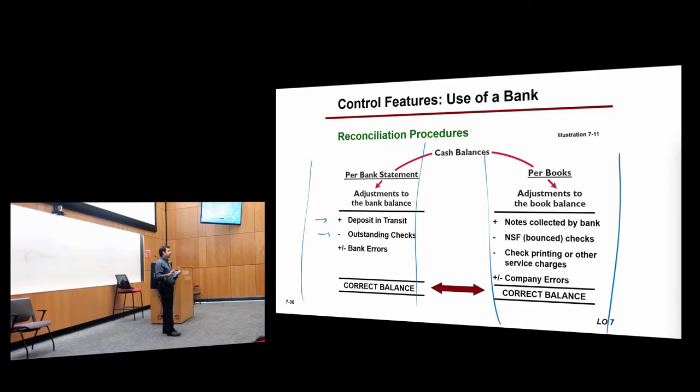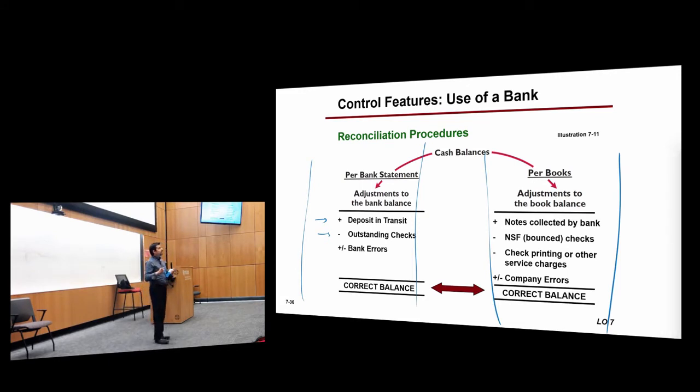Is that clear? You do that in parallel. For the bank statement, basically for the balance per bank, you add, first thing, you add deposits in transit, you subtract outstanding checks, and you correct the errors. That will lead you to the correct balance.